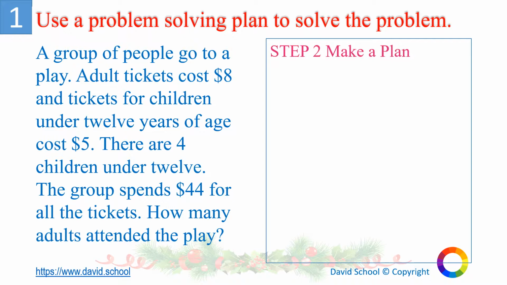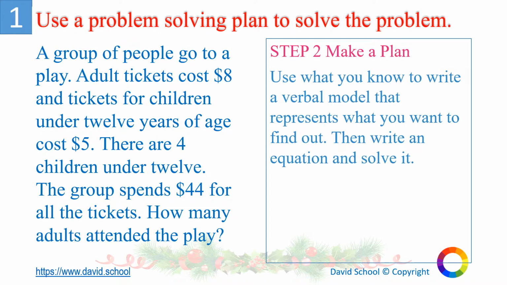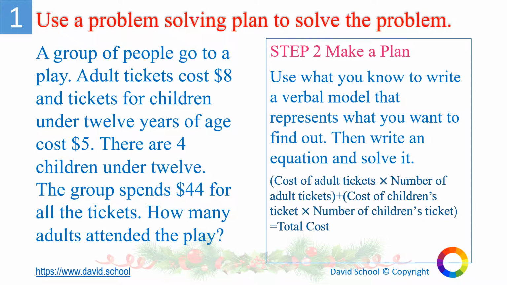Step 2, make a plan. In this step, we don't need to use any formulas, but we can make a verbal model for this question. Cost of adult tickets times number of adults plus cost of children tickets times number of children gives you the total cost. Cost of adult tickets is $8.